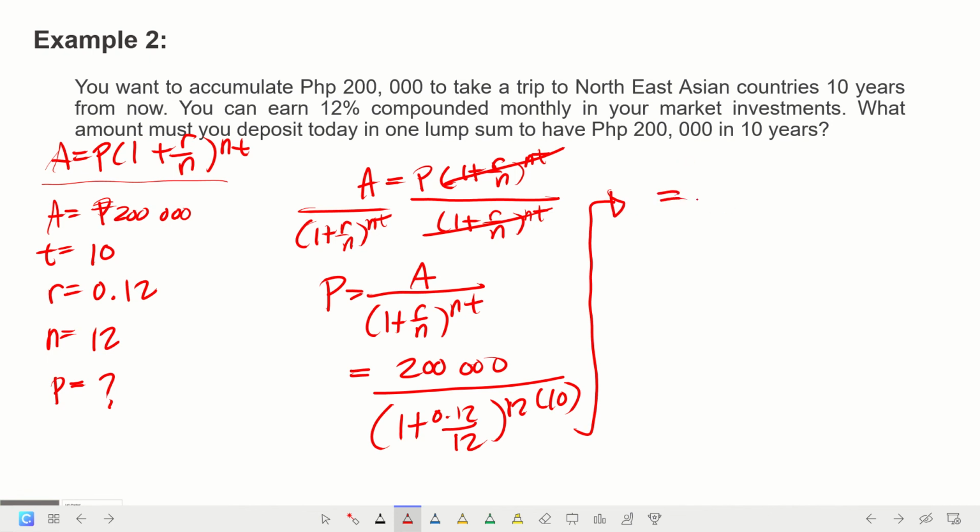Okay, so we have here 200,000 divided by 0.12 divided by 12 plus 1 is equal to 1.01 raised to 12 times 10 is equal to 120. 1.01 raised to 120 is equal to 3 point something.